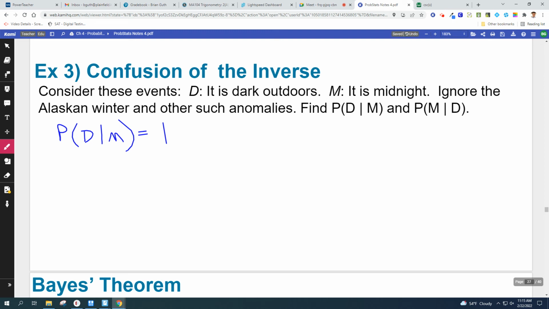But then probability of midnight given dark is a completely different question. So we know it's dark outside. What's the probability that it's midnight? Well, it's not 100%. I don't know what it is, maybe 1 out of 10-ish, I don't really know, but I do know it's not equal to 1.